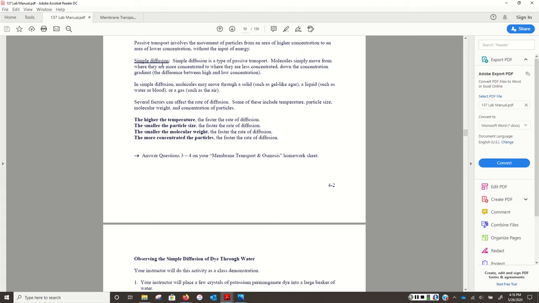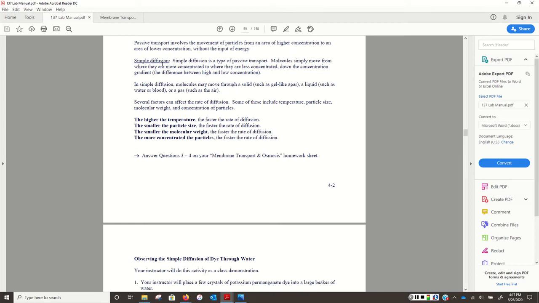If you put food coloring or a tea bag down in a glass of water and let it sit and watch it, enough time goes by, you will start to see either that food coloring start to disperse, or you'll see the oils from that tea start to disperse. So it's going from an area where it's in really high concentration towards an area where it's in really low concentration.